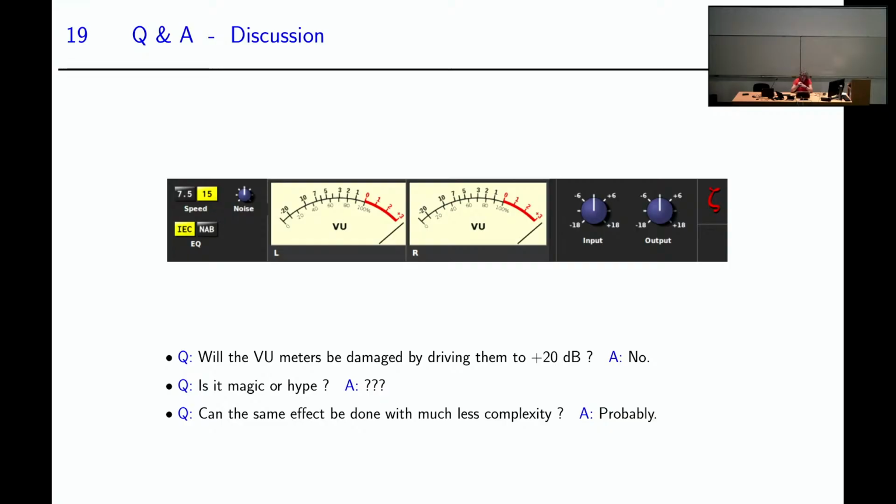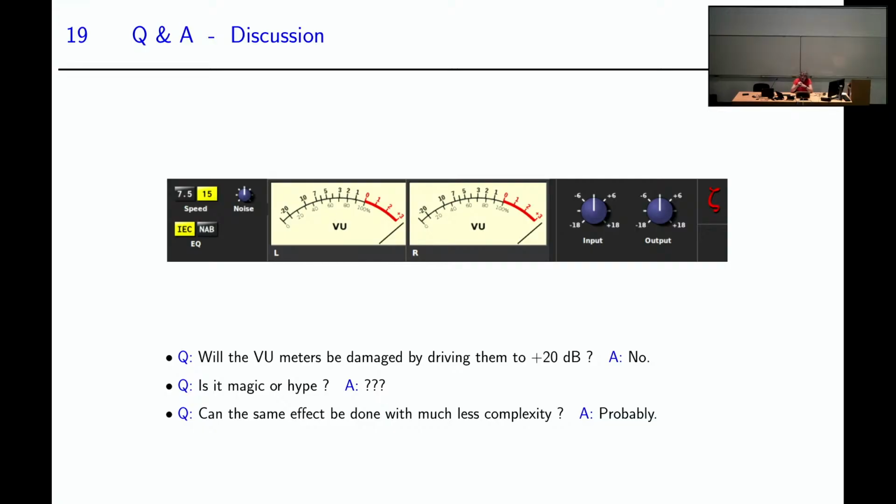My answer goes in the hype direction, but opinions may differ. Can you do the same effect with much less complexity? I'm very sure you can.